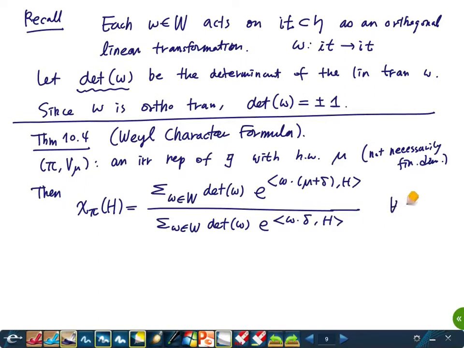This holds for all h in the Cartan subalgebra such that the denominator is non-zero. Because if this is 0, it doesn't make sense mathematically.